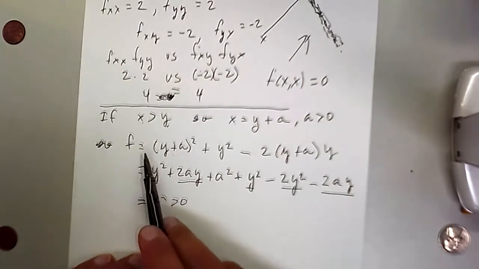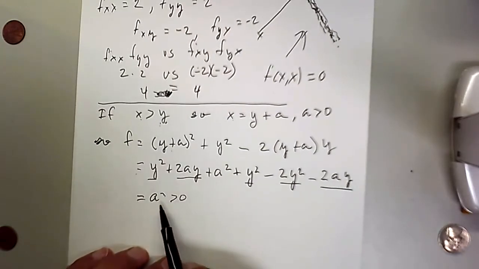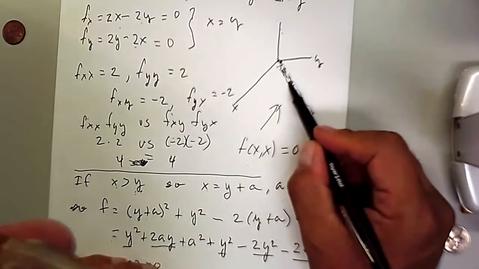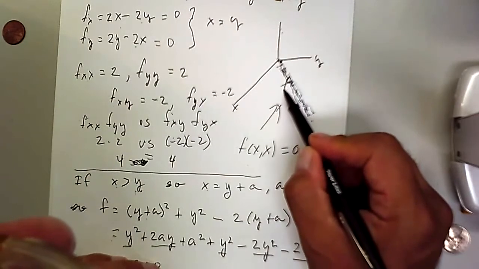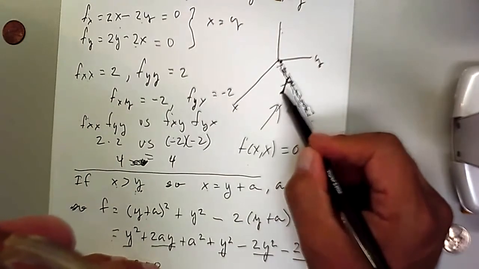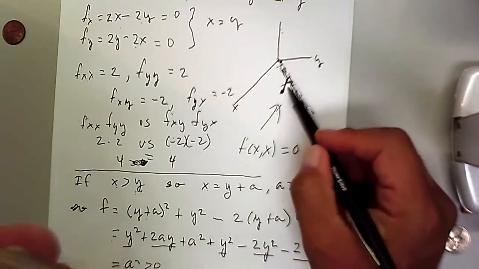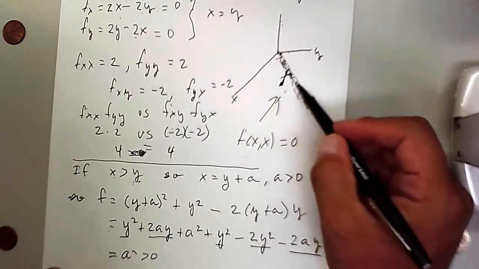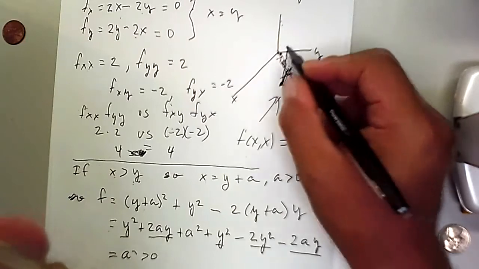Okay, so when x is not equal to y, one is bigger than the other, we end up with whatever the difference is. So if we deviate from here and we go here, that means that a is this distance. Then the function is going to go up by that much. So here is 0, and here we're going to go up by the square of this distance.